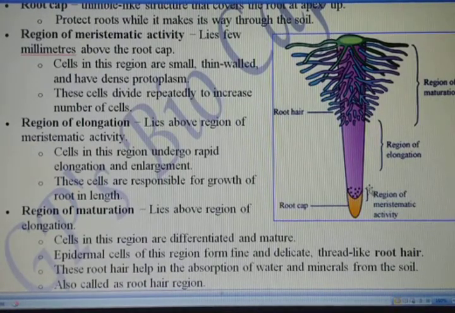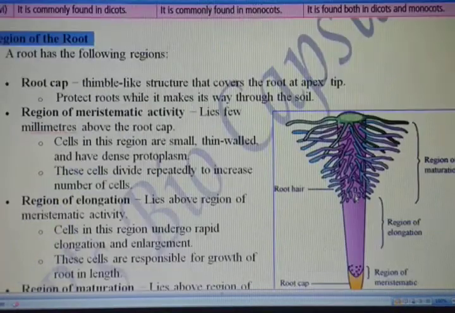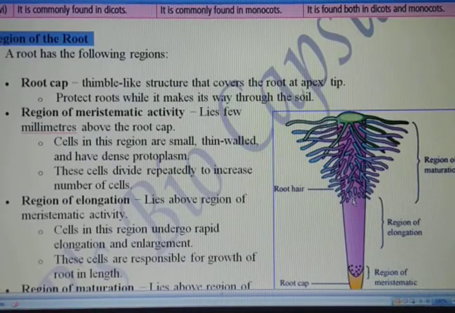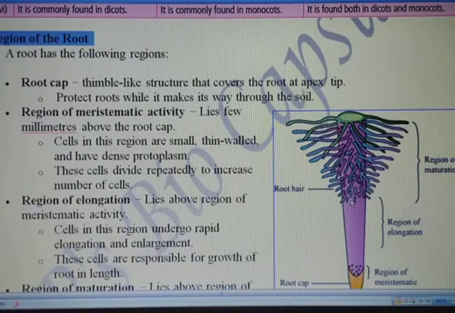After some time, what will happen? They have to turn into permanent cells. They are going to become older, and as a result of that, they are going to become longer. If they become longer, that means the root is going to become longer lengthwise. The root is going to elongate lengthwise, and that is why the region has been named here as the region of elongation.